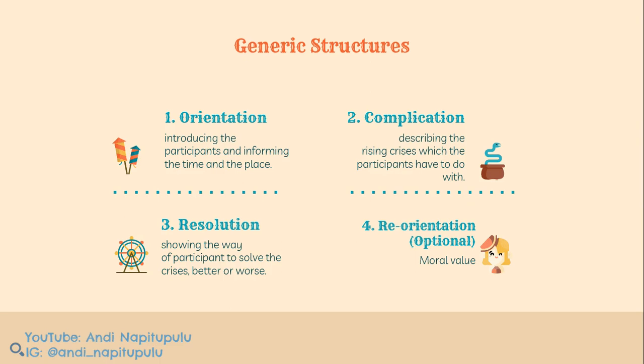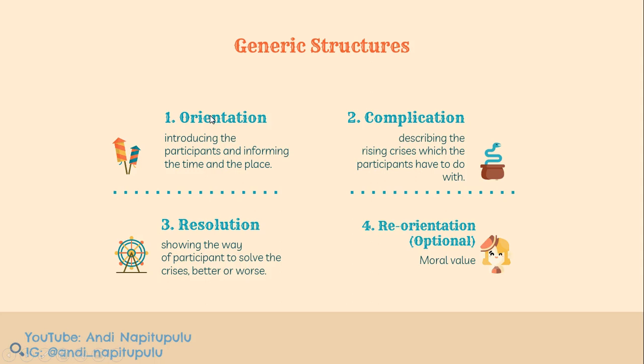So when you write your narrative text, remember, there is a generic structure. The structure here can help you write your narrative text, right? First, you have to know about the orientation.